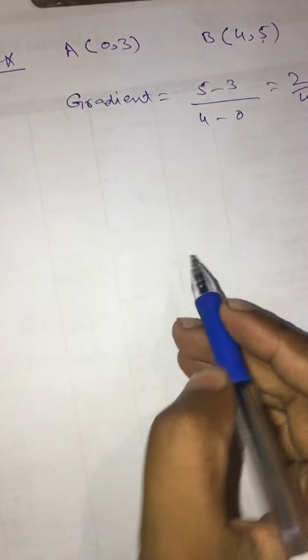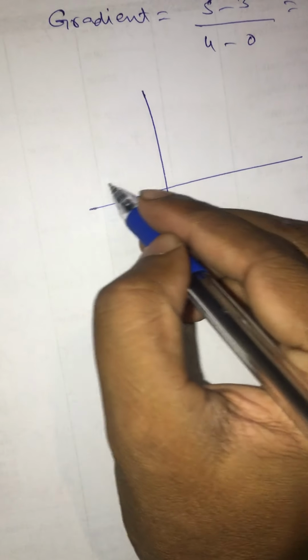Now we need to find the equation of the line. We know that this is a line passing through these 2 points. We have the value of point A and the value of point B, and we want to find the equation of the line passing through these points.